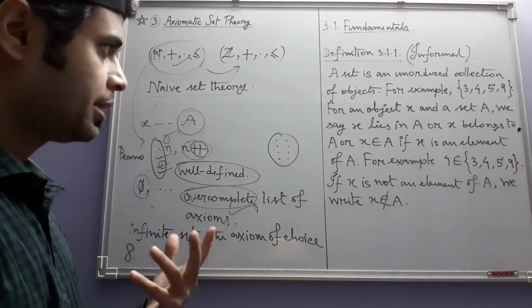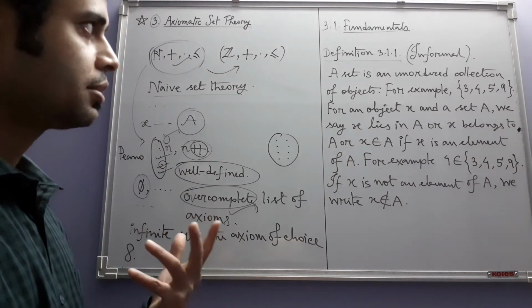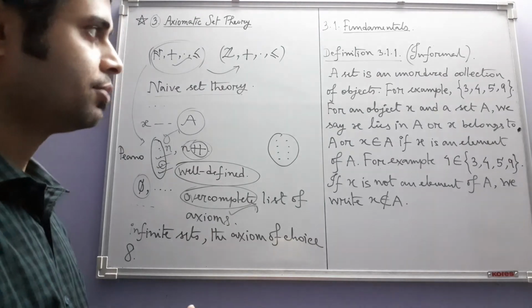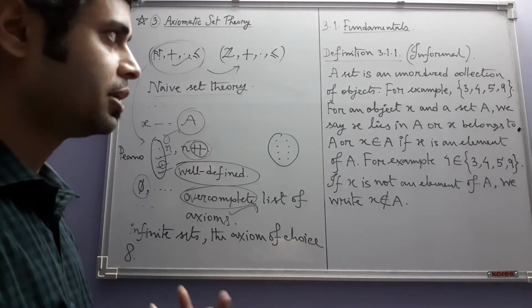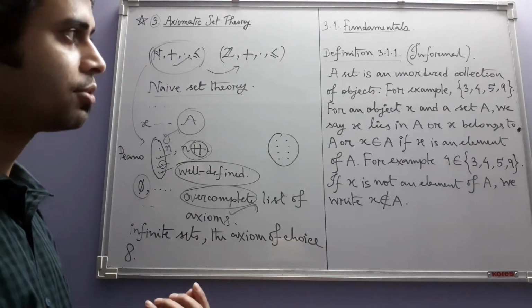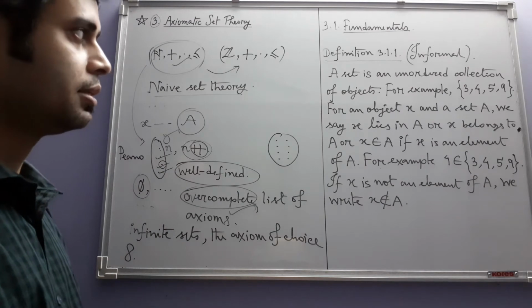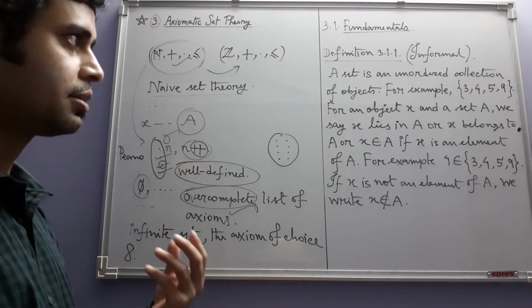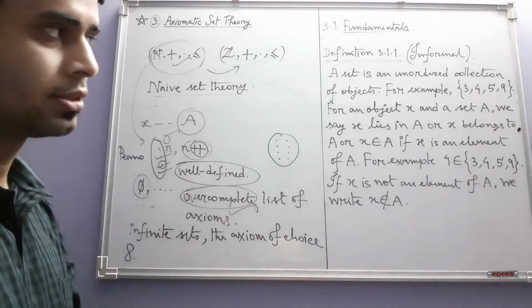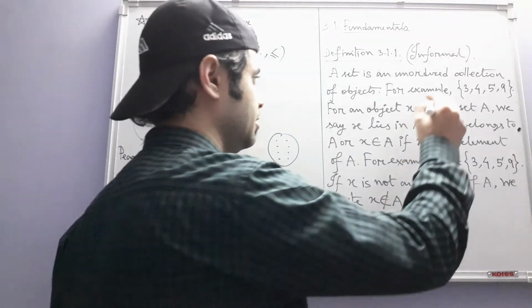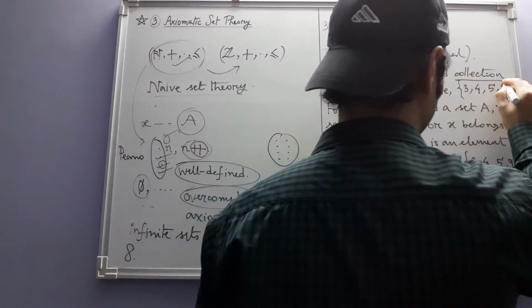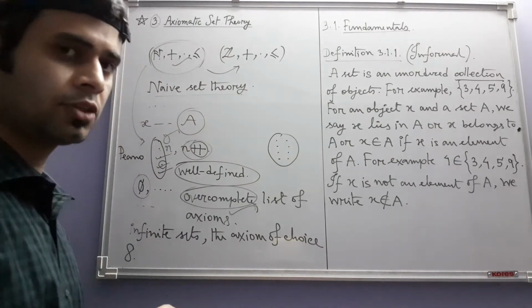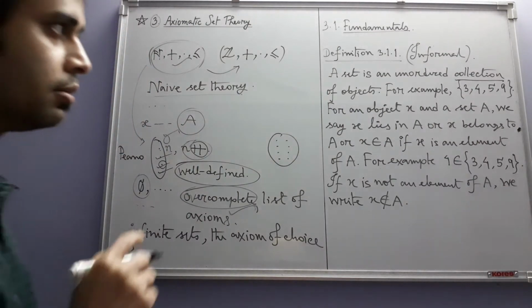Now, you can see that this definition, although it's intuitive, is insufficient for many purposes. Actually, it's insufficient for almost everything other than the fact that it just gives you a vague notion of sets. We haven't said at all what type of collections are going to be considered as sets.